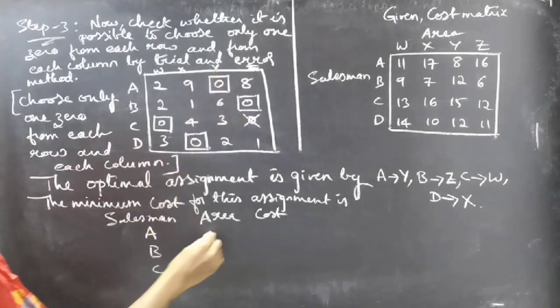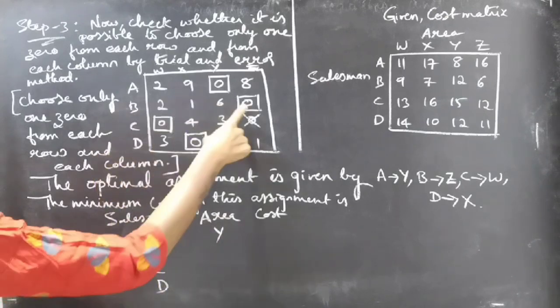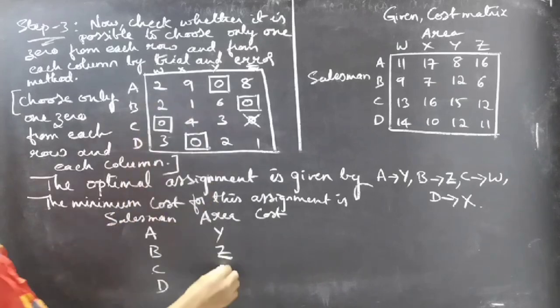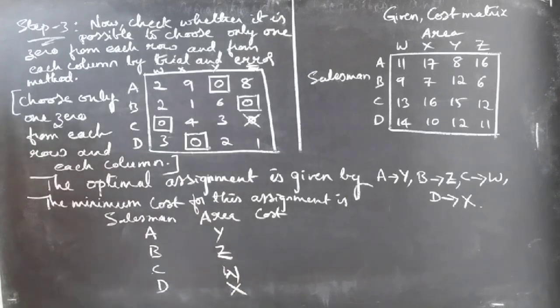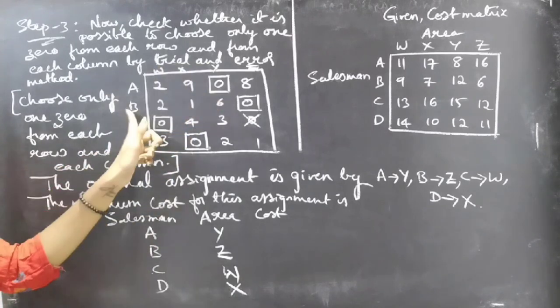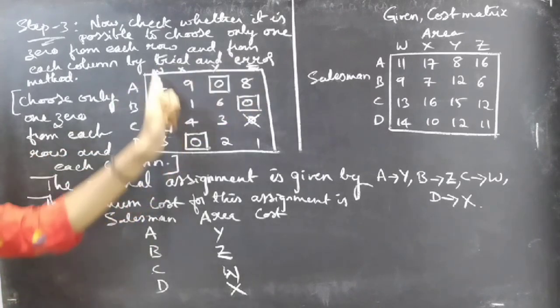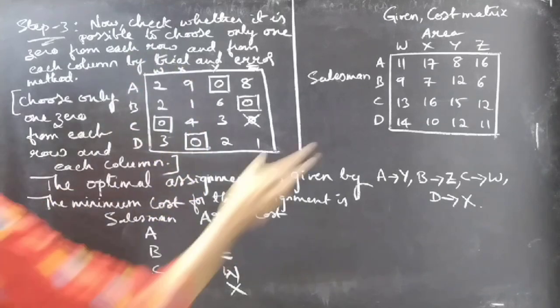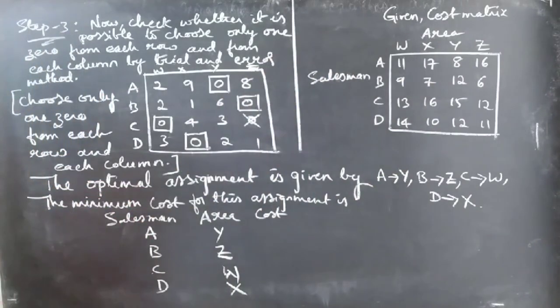A is assigned to Y, B is assigned to Z, C is assigned to W, and D is assigned to X. Okay, so consider the given matrix.